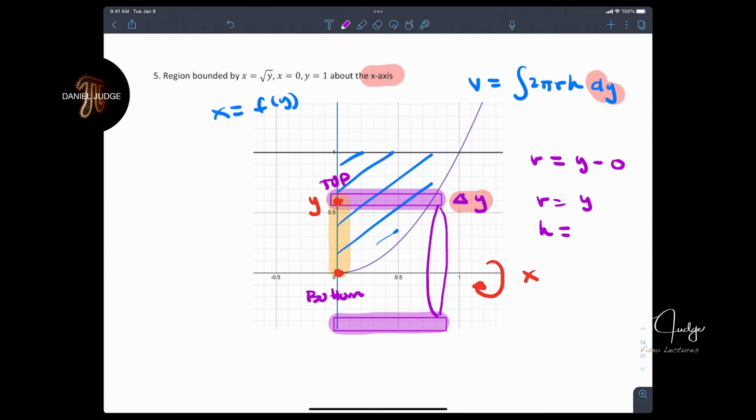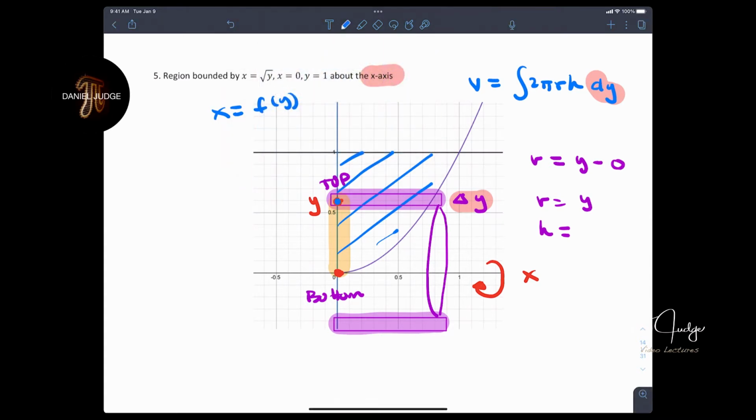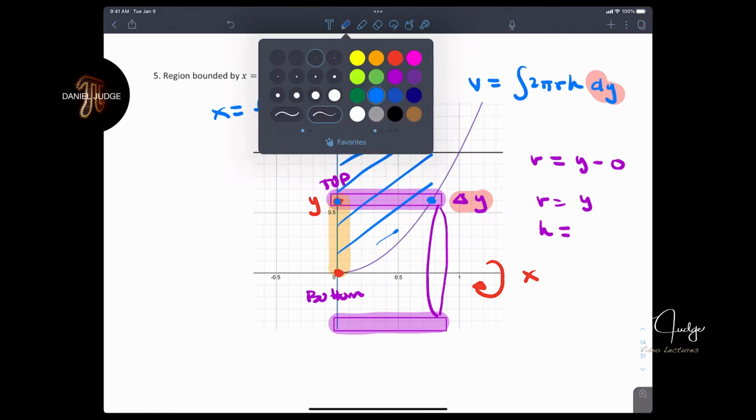The question becomes, what's the height now of this approximating rectangle? So we can look at some points again, here to here. This is going to be the height now of that approximating rectangle, and it's a horizontal distance. So we measure horizontal distance by the right value minus the left value.